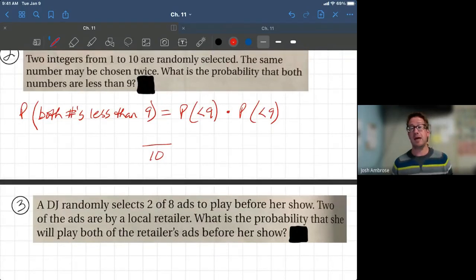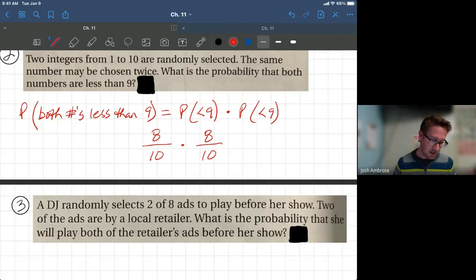There's 10 numbers that we're choosing from. How many numbers are there less than 9? It doesn't say equal to 9, just less than 9. There's 8. 1 through 8 is less than 9. Because you could pick that same number twice, that's what they want. So 1 through 8, 8 over 10, 8 over 10.